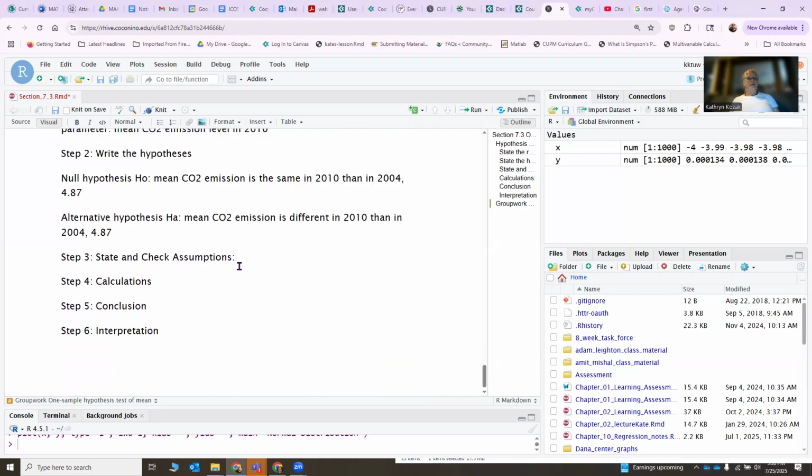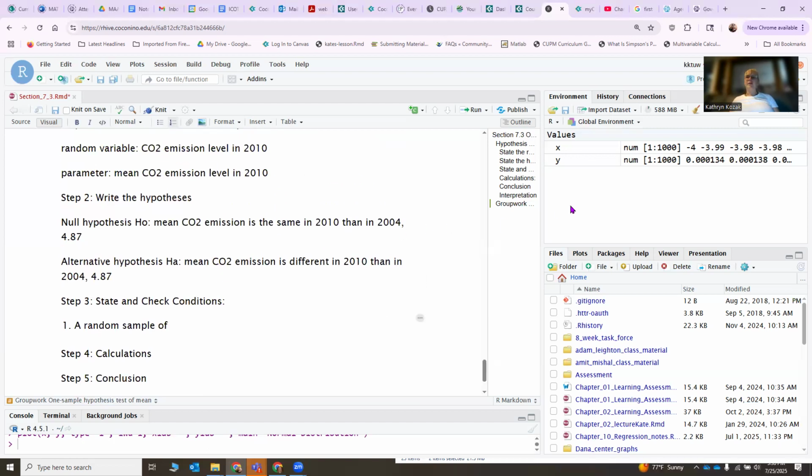All right. So now we get to our conditions. And the conditions are, first, that you have a random sample of, and I don't know how many, but let's see.